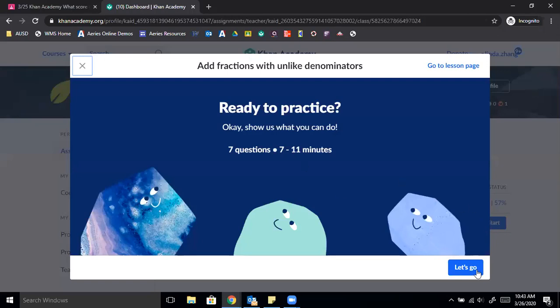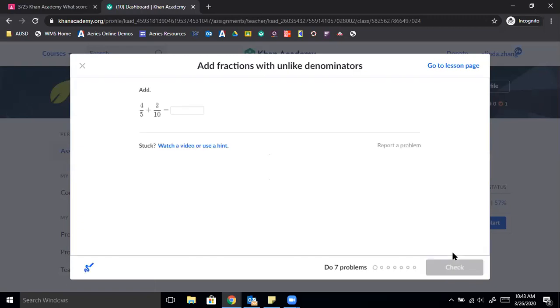So this is gonna be a pop-up. Okay. So adding fractions with unlike denominators. We gotta change it so that they are like denominators. If you don't have pencil or paper near you, that's fine, because Khan Academy, if you see in this bottom left corner over here, it's a marker.